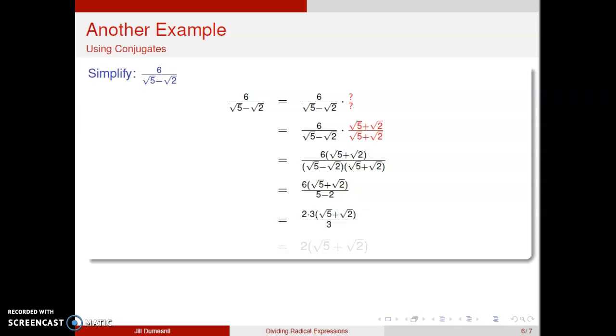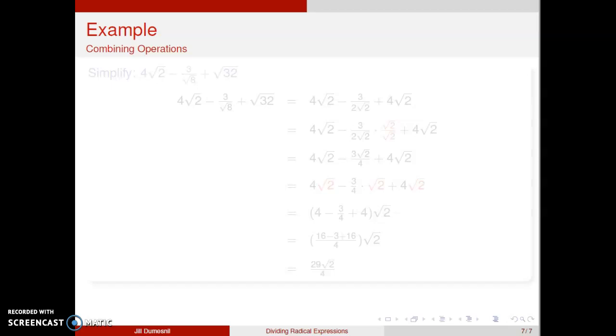In this case, noticing that 6 equals 2 times 3 and 5 minus 2 is 3, we can cancel 3 from numerator and denominator. Our simplified answer is 2 times the quantity root 5 plus root 2, and we can either distribute the 2 or leave the answer in factored form.